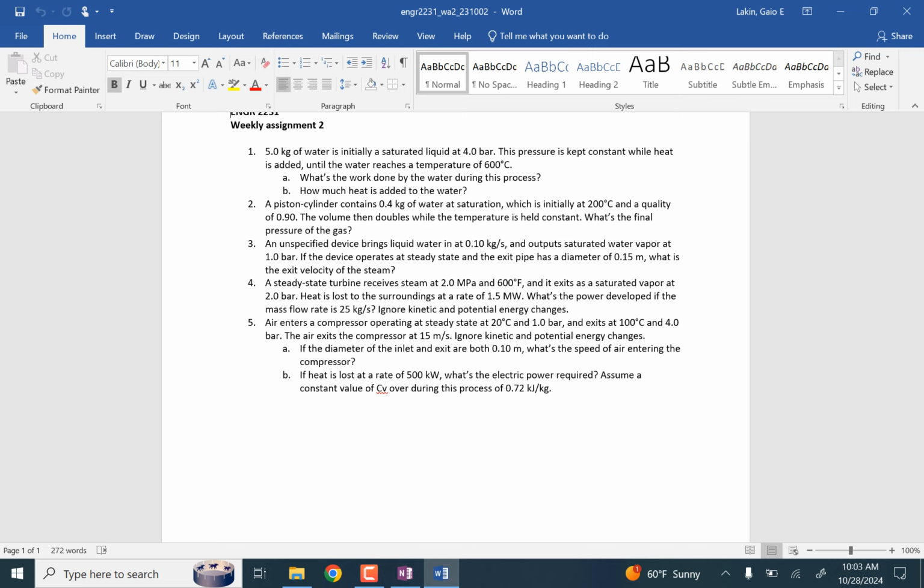So that means you have the differences in temperature at the inlet and exit.